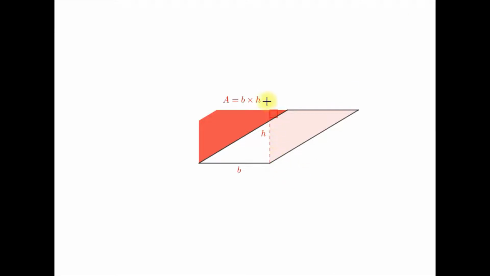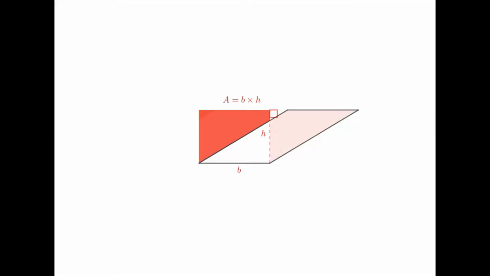So let's cut that part off at the end, move it over, and again, we've got a rectangle that's b by h. And no matter how extremely stretched out this thing is, we can always do that. It's just we might have to go through the process multiple times, but we're always going to end up with that rectangle that's got a base b and a height h.